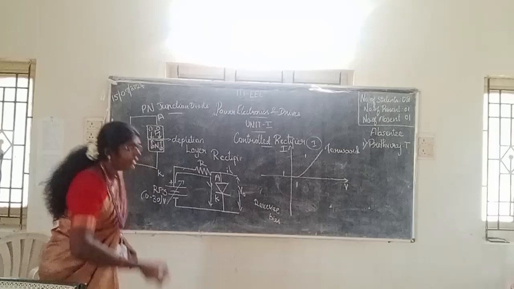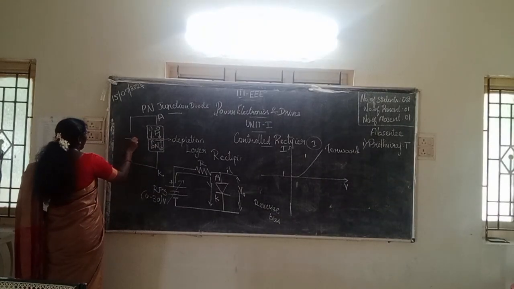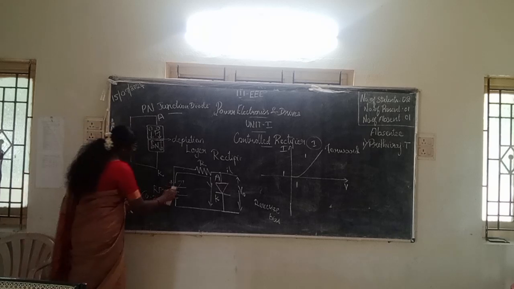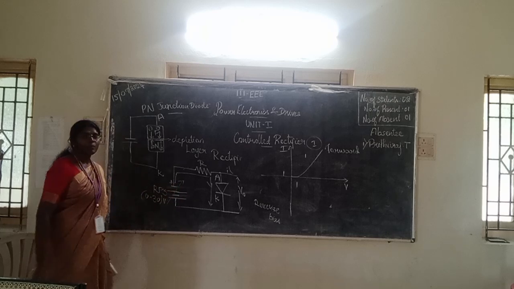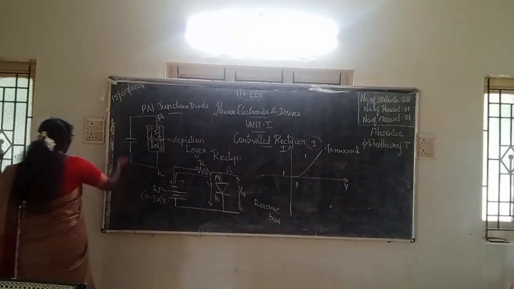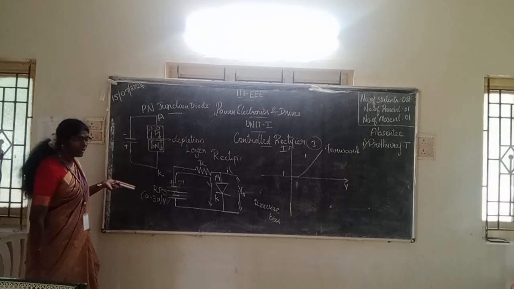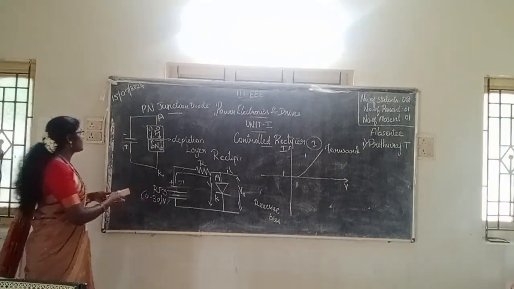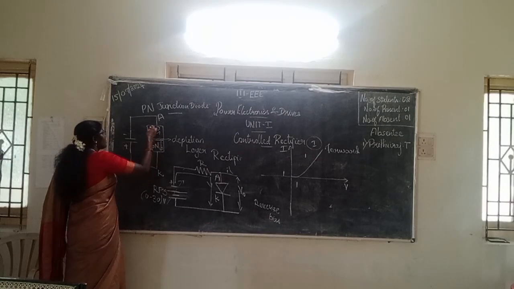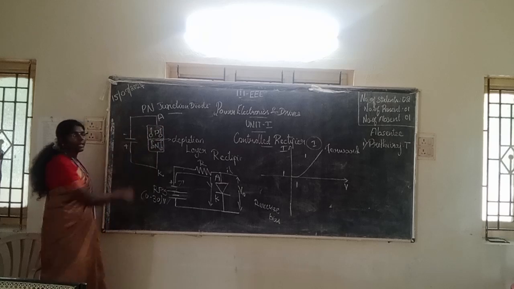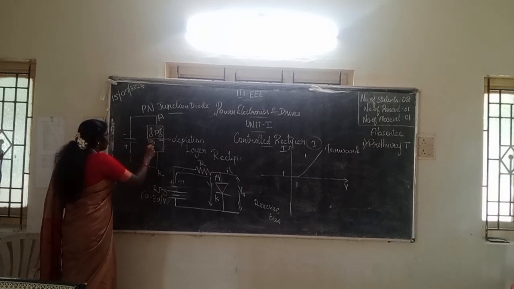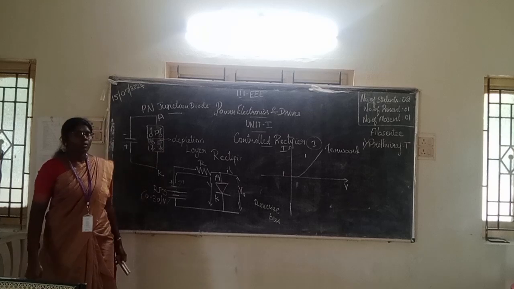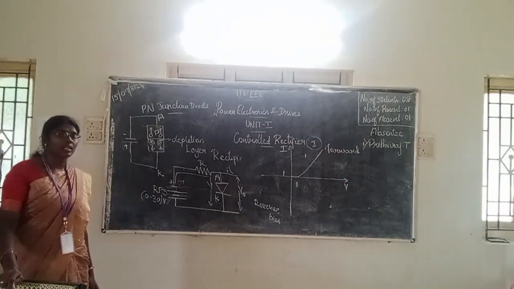For reverse bias, the anode is connected to the negative terminal and the cathode is connected to the positive terminal.